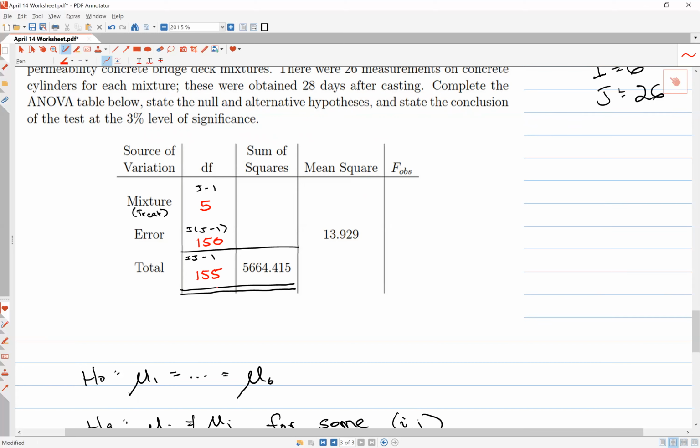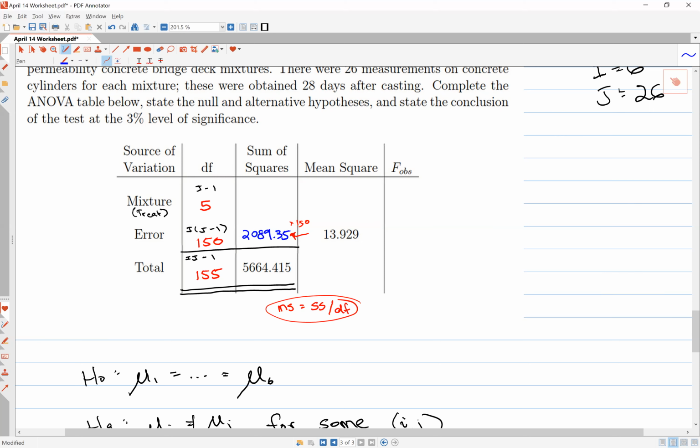So the relationship between mean square and sum of squares is always you get the mean squares by taking the sum of squares divided by the degrees of freedom. So since we have mean square of error, we can get back to the sum of squares just by multiplying by the degrees of freedom, which in this case will give us 2089.35.